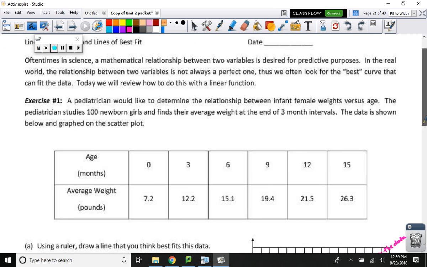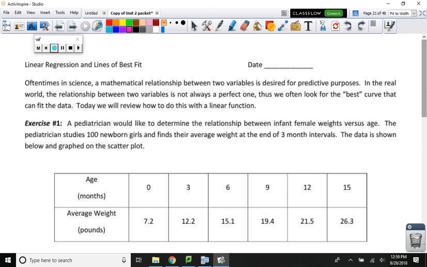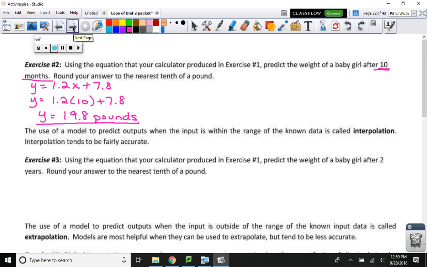And because the value we're looking for, 10 months, is within the range of the data that we actually have, we feel pretty good that that prediction is going to be accurate. And we call that interpolation. If we are picking values to predict that are within the range of our data, then we say that is interpolation.